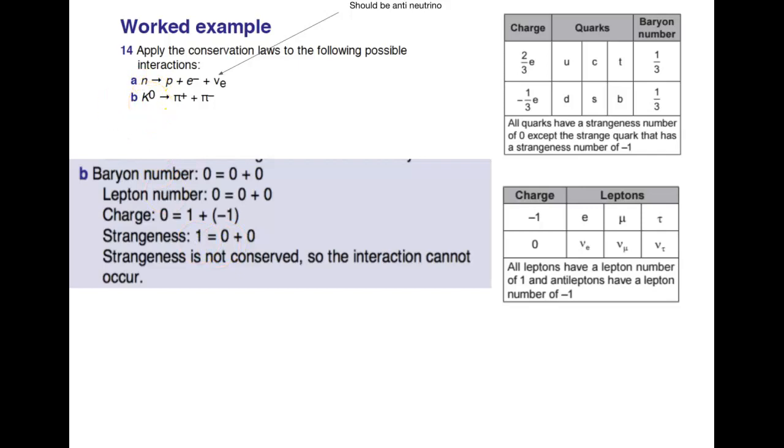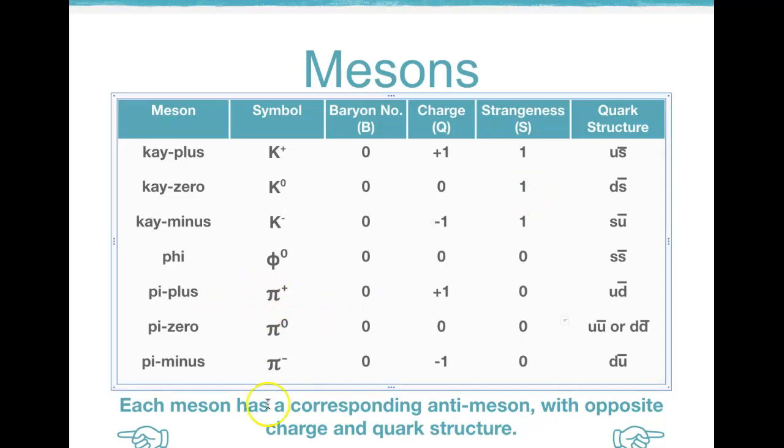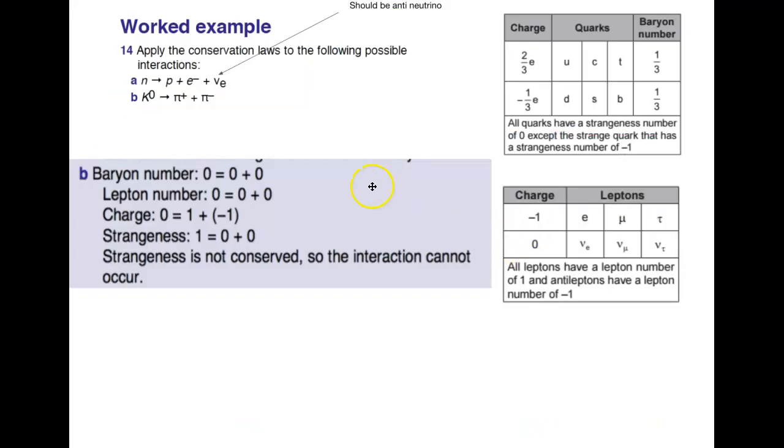Strangeness is involved here. The K0 has an anti-strange quark, which means it has a +1 strangeness value. But pi plus has no strange particles and pi minus has no strangeness. So therefore, this is not conserved, and so this interaction cannot occur. I hope this makes sense and you know how to apply the conservation rules.